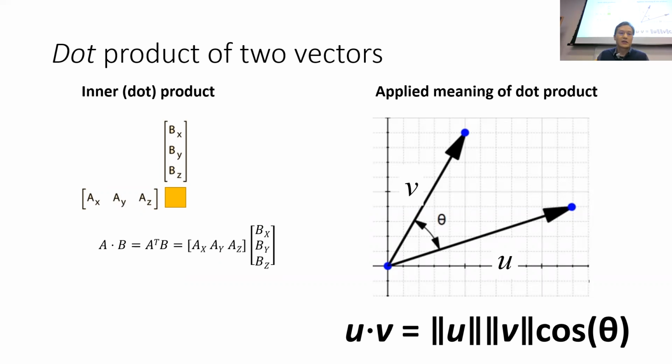Okay, so we know the dot product is: you have 2 vectors, you make the first vector horizontal, that's a row vector, and the other a column vector. So the product of this is a single number.